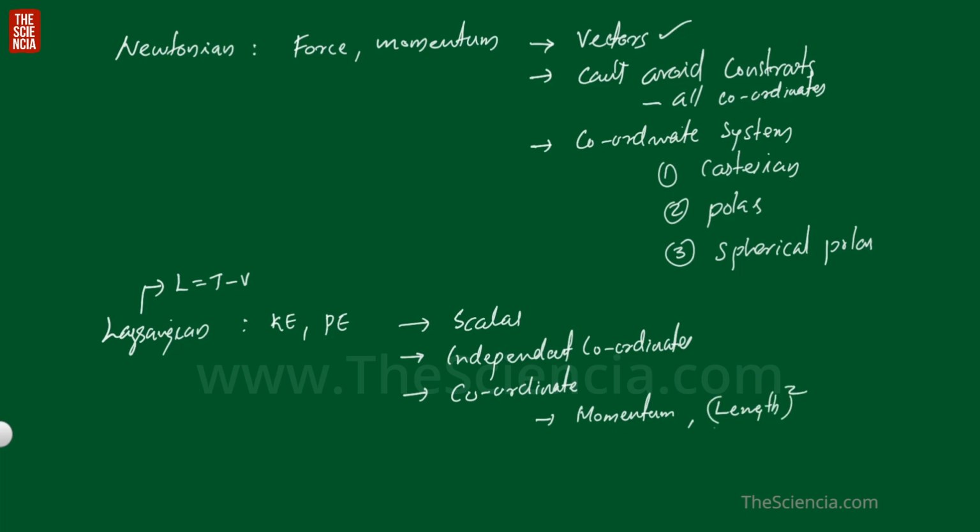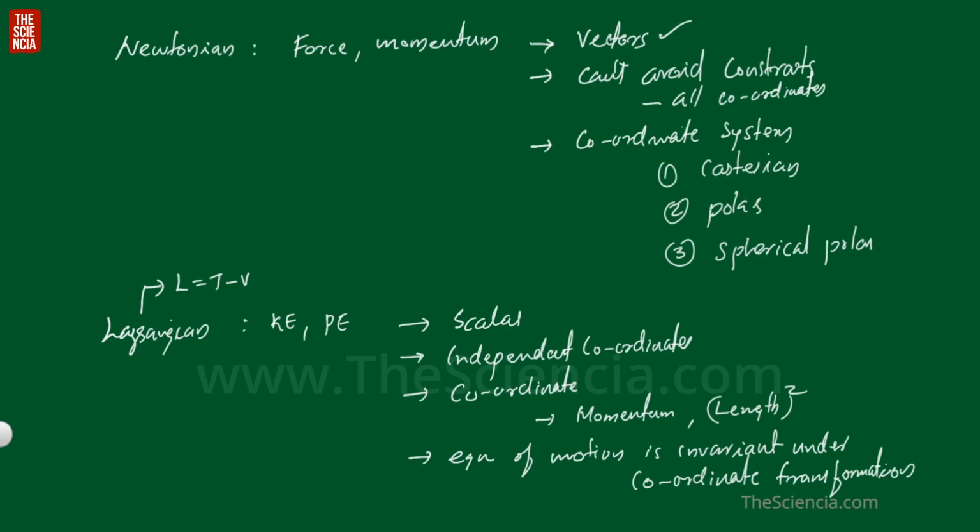These are possible in Lagrangian mechanics. And the equations of motion are invariant under coordinate transformation. In the coming class, we will discuss this coordinate transformation.